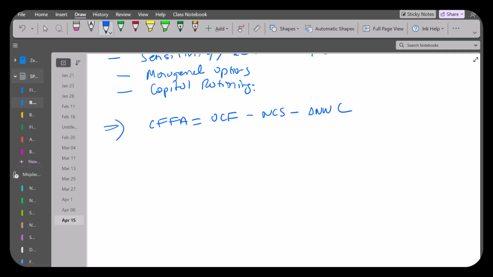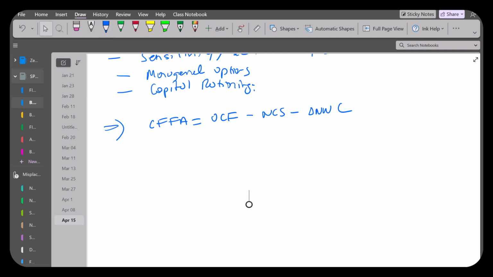Remember that for net capital spending, we're going to think about all the capital costs plus any opportunity costs, but we're going to ignore some costs. For operating cash flow, we're going to look at the incremental sales and incremental costs, which means we're going to figure out side effects as well.